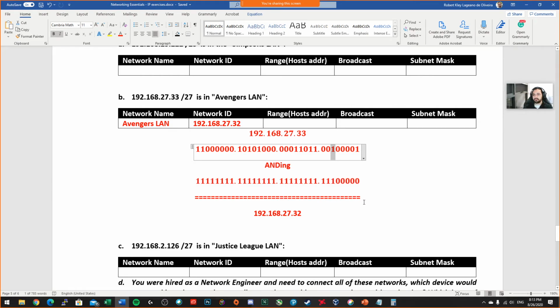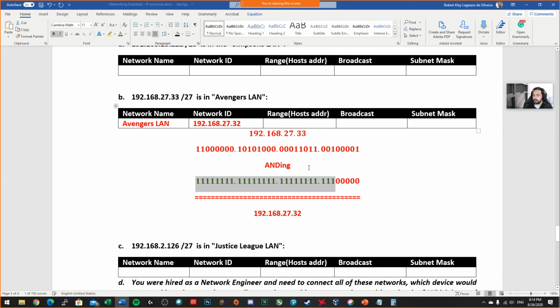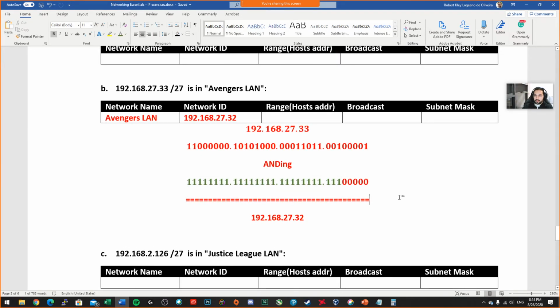Yes or no? Yes. I'm going to change the color here because maybe it's going to be easier for some of you. Up to here, guys, this is all what? Network. 27, that's your network.